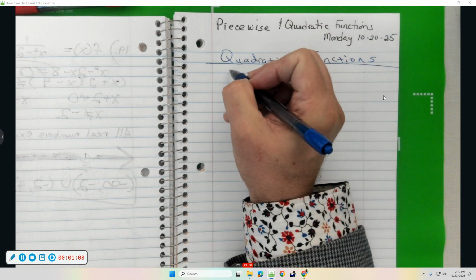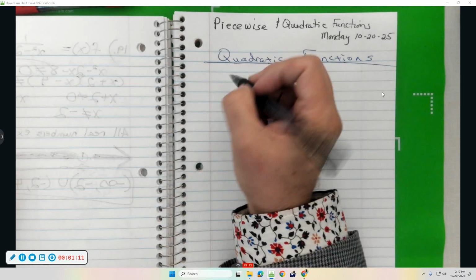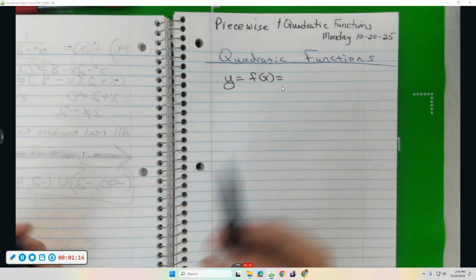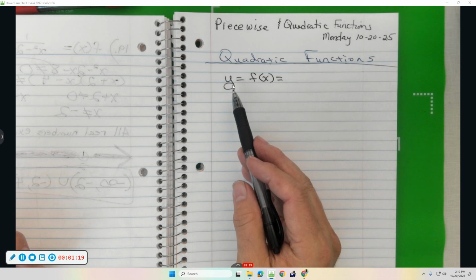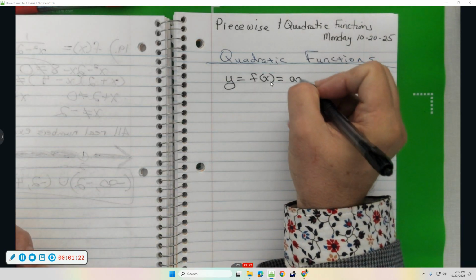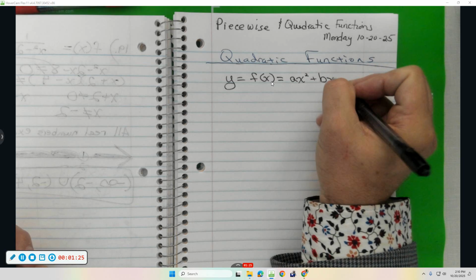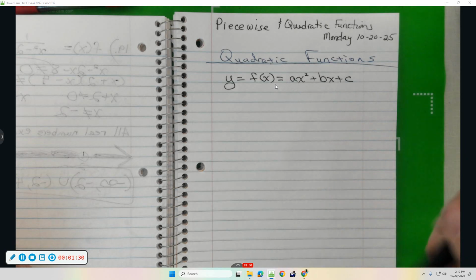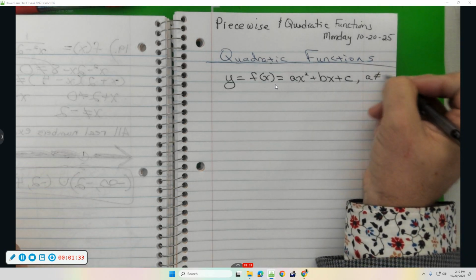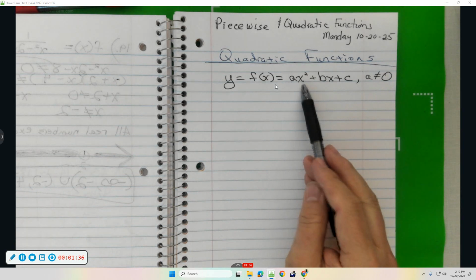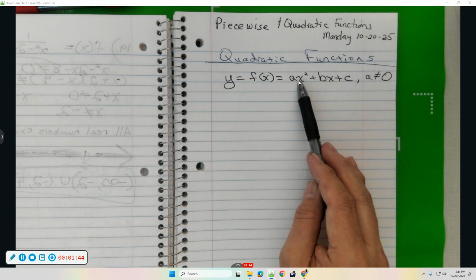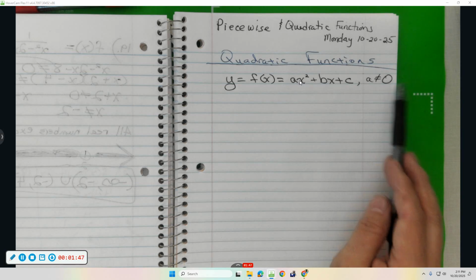But a quadratic function is any function that can be written in the form y equals or f of x equals, remember, f of x is just a fancy way of expressing y, ax squared plus bx plus c, where a is not equal to 0. If a were 0, times x squared, you wouldn't have that x squared term. Remember, to be quadratic, you must have an x squared term. So we're going to say that a value cannot be 0.